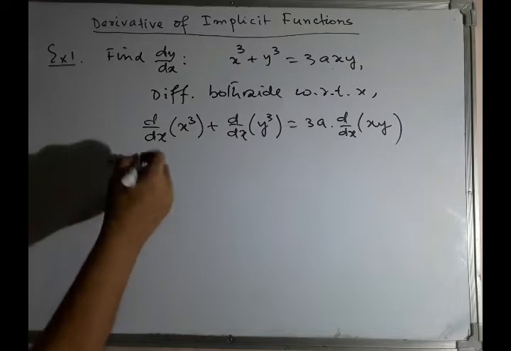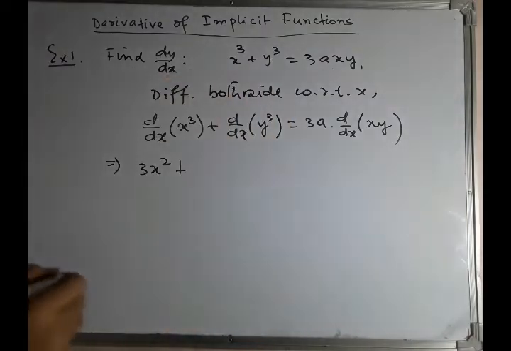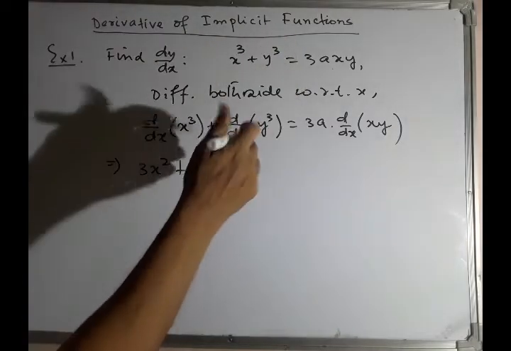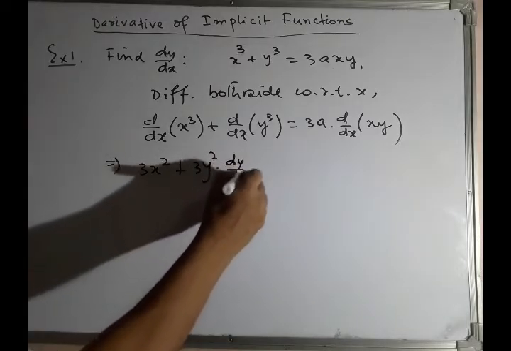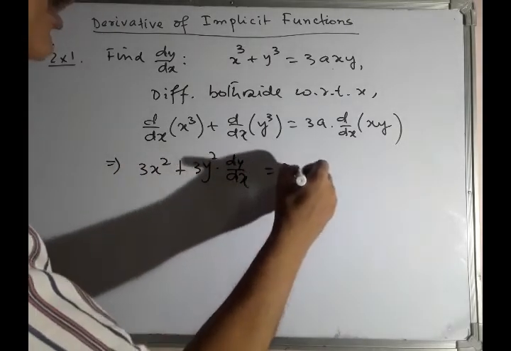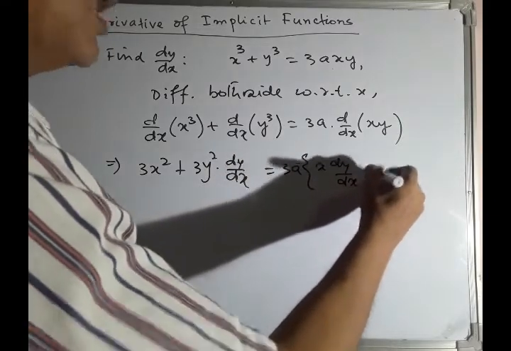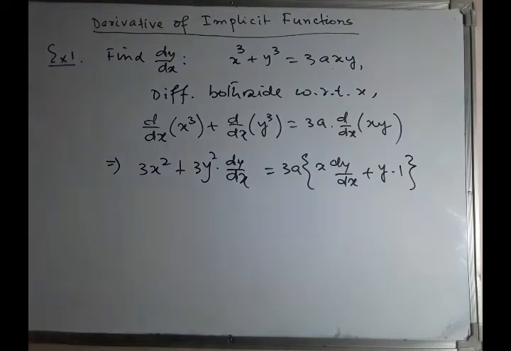So d/dx of x cube will be 3x square. In a similar way, d/dx of y cube will be d/dy of y cube into dy by dx, so the answer is 3y square into dy by dx. And that is equal to 3a into x dy by dx plus y into 1. We have applied the product formula.